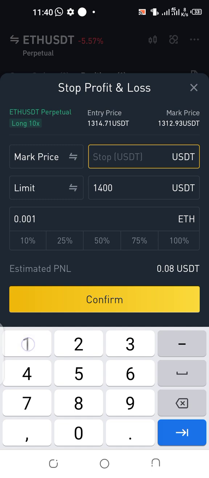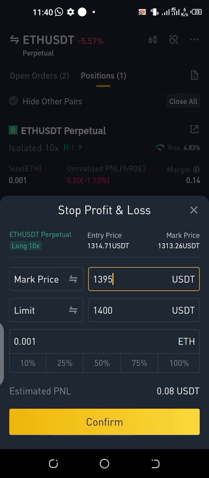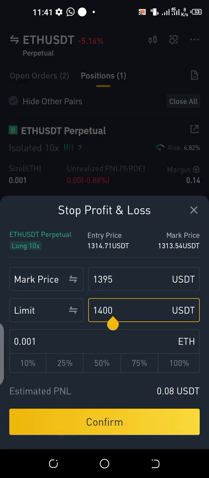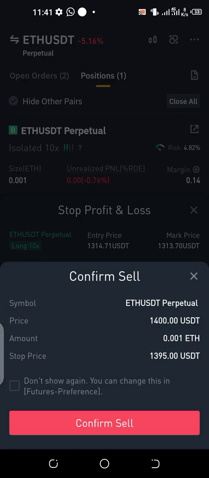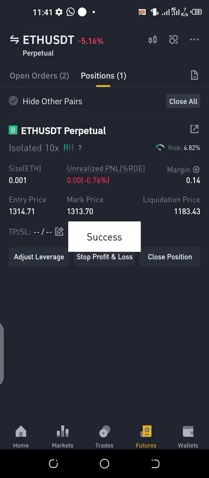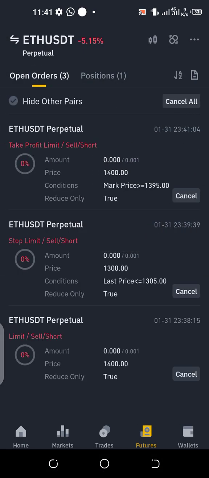In this case, it can be 1,395, meaning that if it rises to 1,395, an order will be placed to sell it at 1,400, and if it goes on to rise to 1,400, my Ethereum will be sold. But if it does not rise to 1,400, it will not be sold. And if it's sold at 1,400, I will make a profit of 0.08 USDT. So I can confirm that and place the order, and it's there.